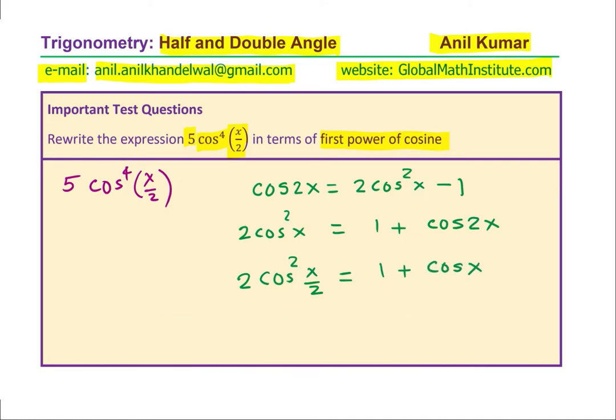No problems. But what we need is cos to the power of 4. So that means we could square both sides and then get cos to the power of 4. Right? So the next step: 2 cos square x by 2 equals 1 plus cos x, and we can square both sides.